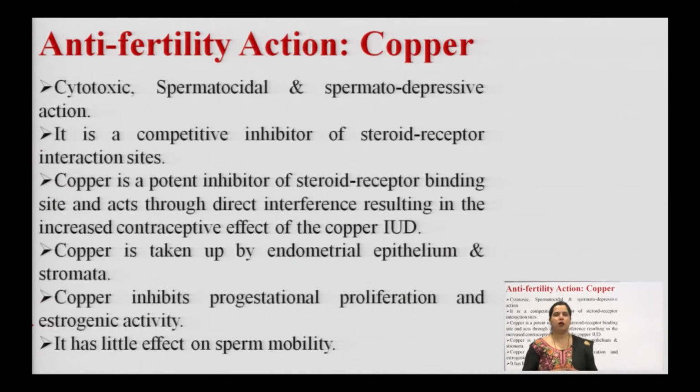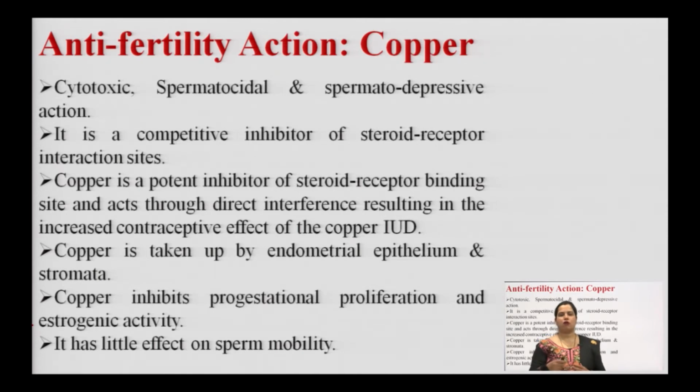Copper is a potent inhibitor of the steroid receptor binding site and acts through direct interference, resulting in the increased contraceptive effect of copper IUDs. So, it is a competitive, potent inhibitor of the steroid receptor binding site, and this is how it shows its contraceptive action.